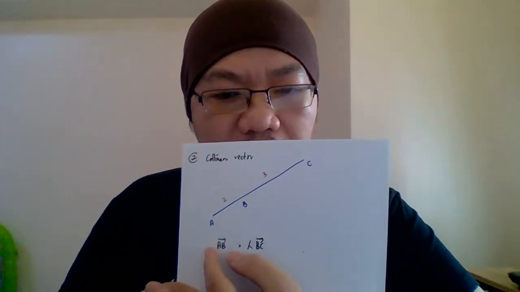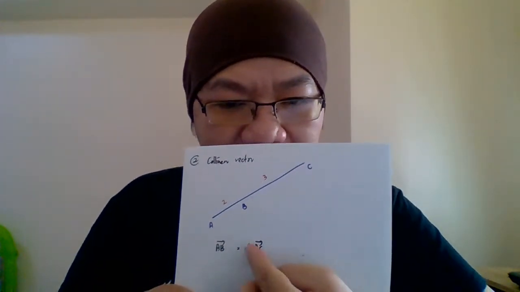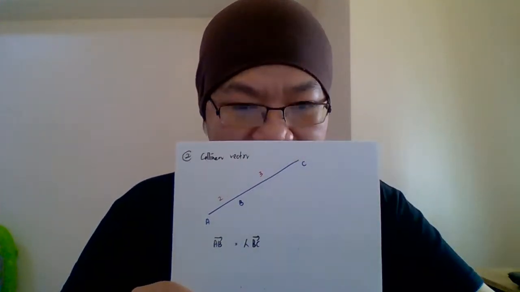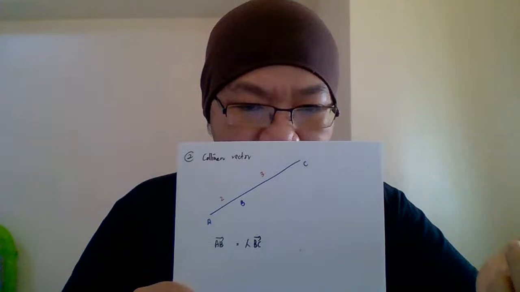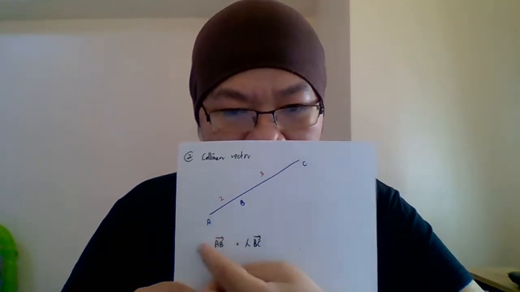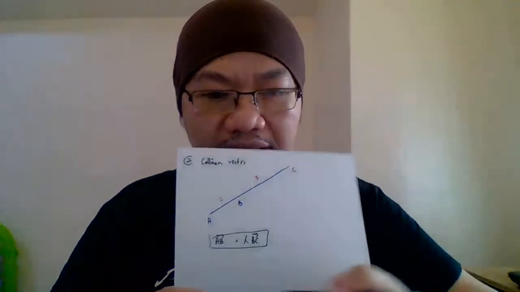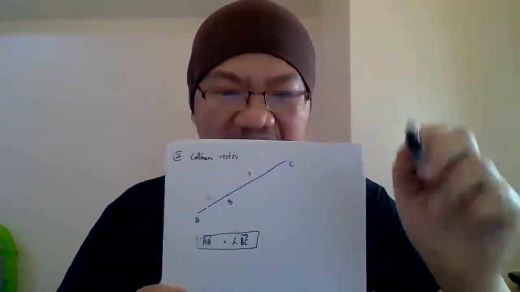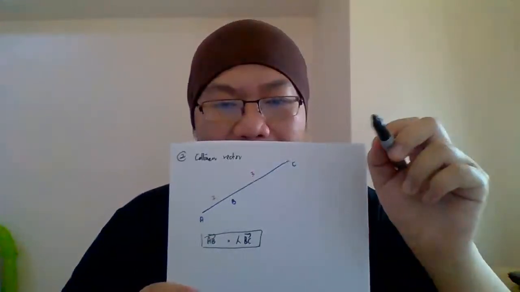Okay, so what is meant by lambda? Lambda stands for a ratio. It's a number. This lambda is very important. This formula is very important for you to solve the majority of the questions in SPM.